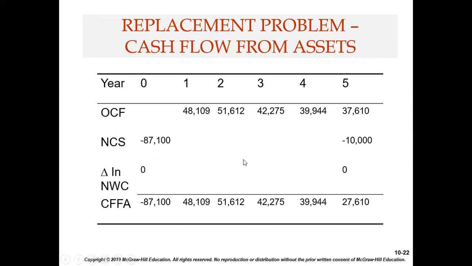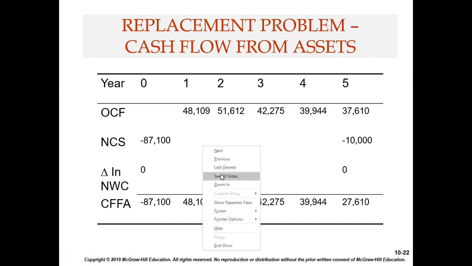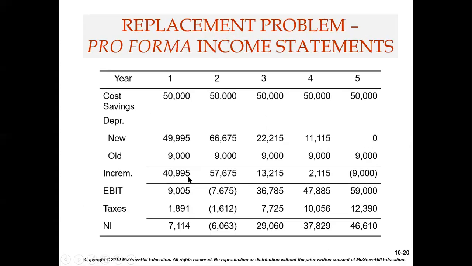So if we add the net of 40,995 to 7,114, we're adding the incremental to the 7,114. That's our cash flow then.